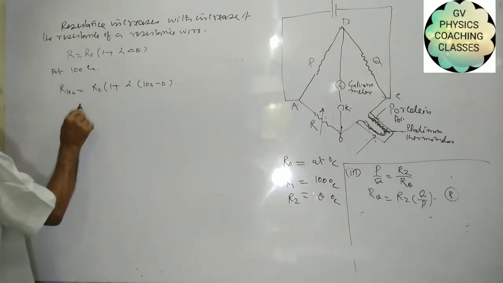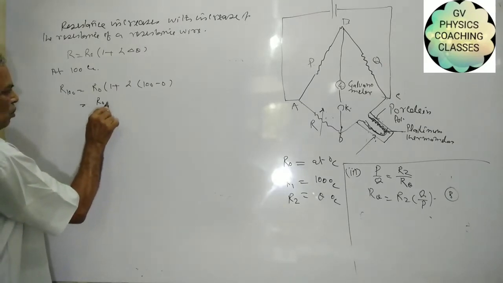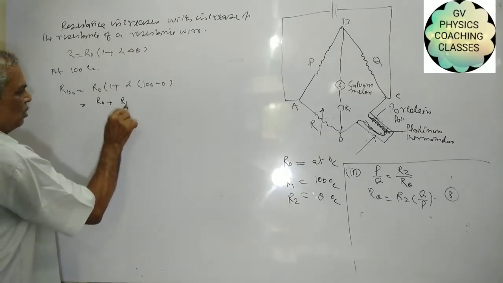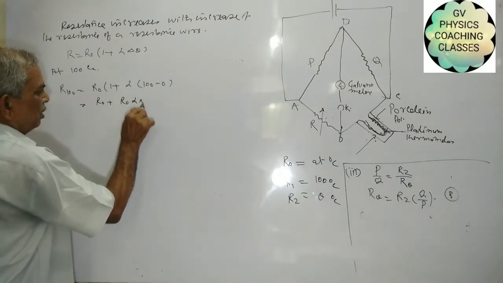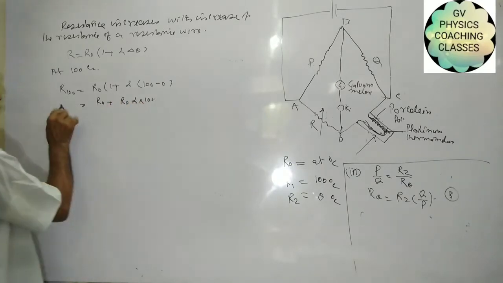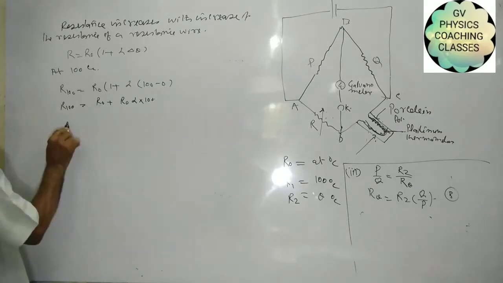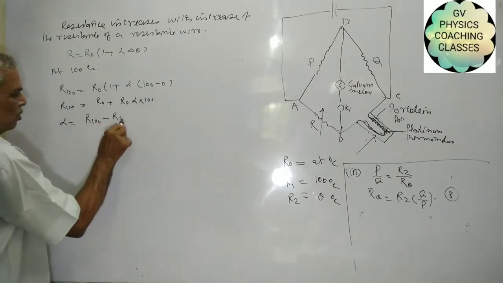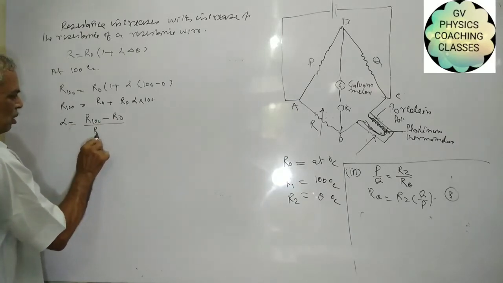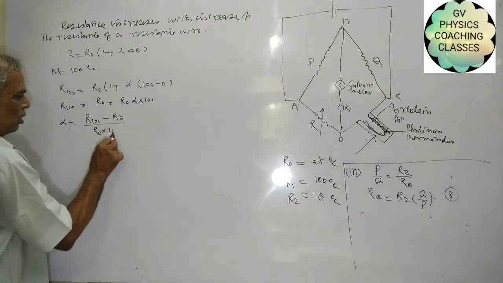So R100 equals R naught plus R naught alpha into 100, or alpha equals R100 minus R naught upon R naught into 100.